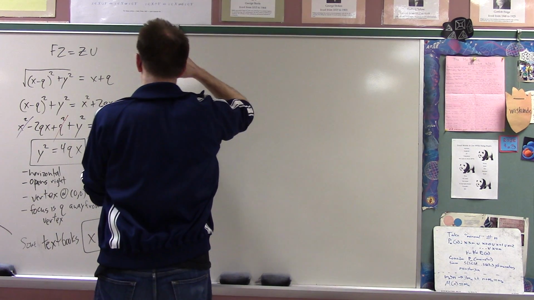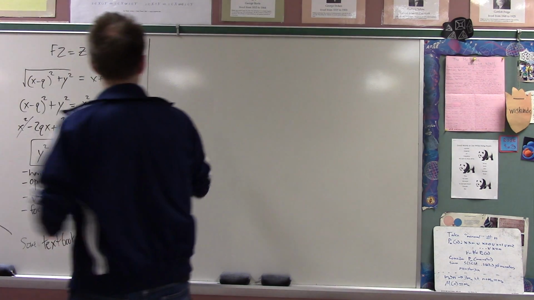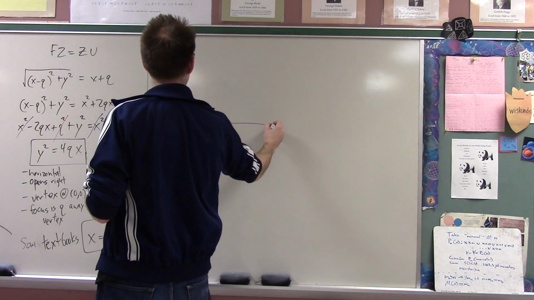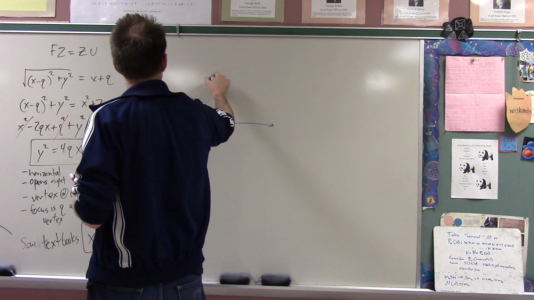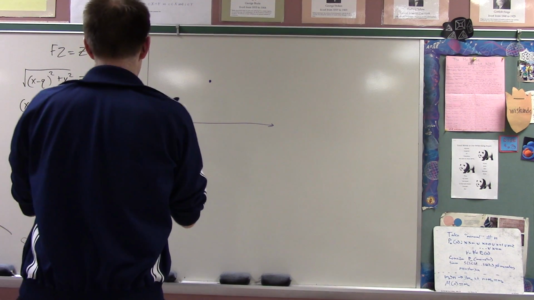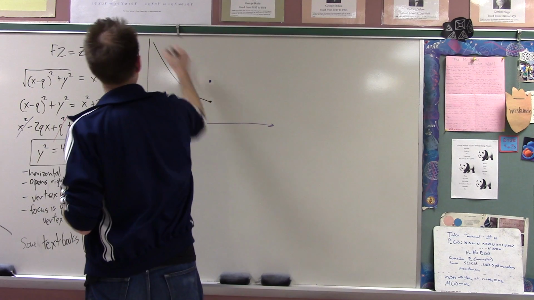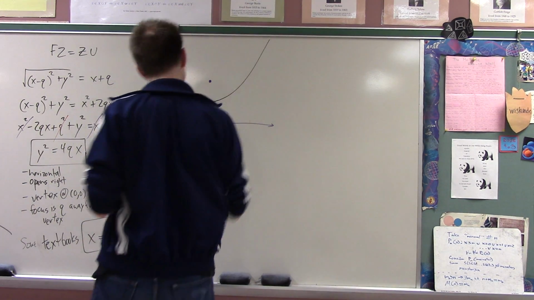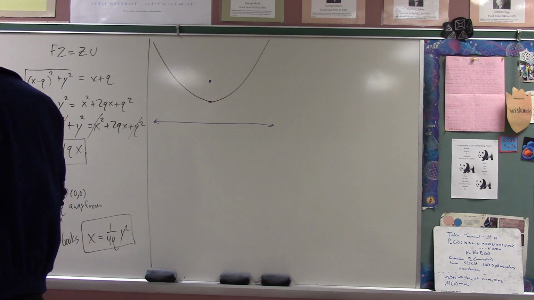So here we go. Again, I will start with my directrix being somewhere down here, and my focus up here. And therefore the parabola itself is going to look something like this. Good. So this is sort of oriented up-down, I guess.